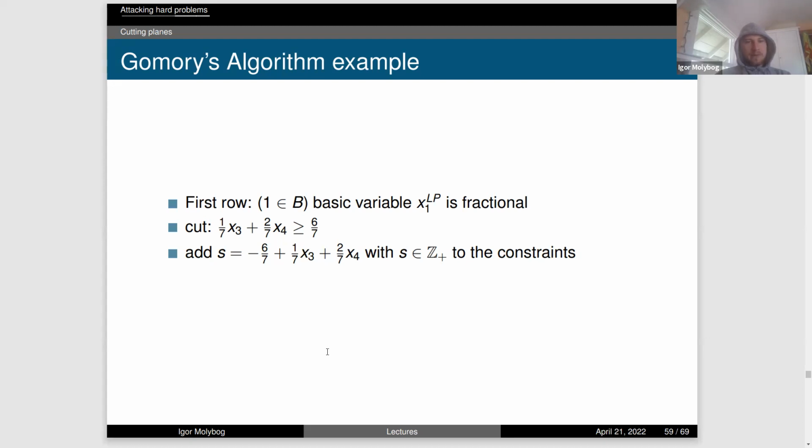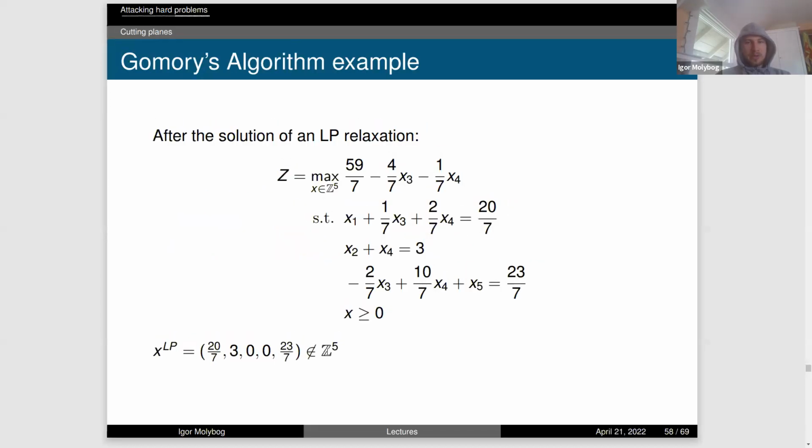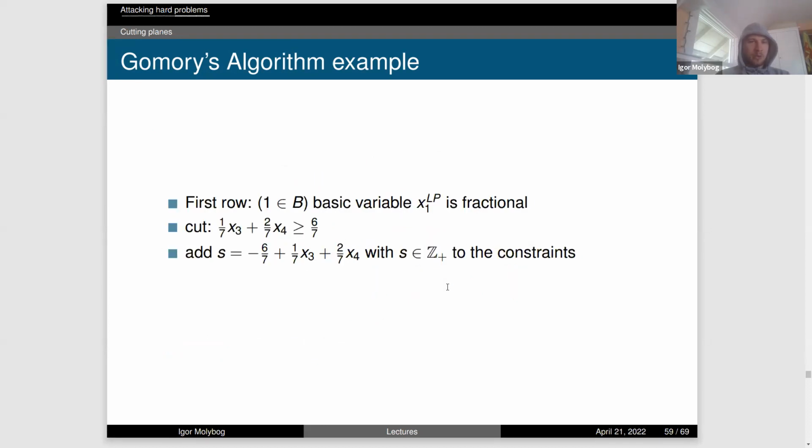So the first step that we need to do here is to pick the row from which we're going to start our algorithm, from which row we're going to take our step, and we are picking the first row.